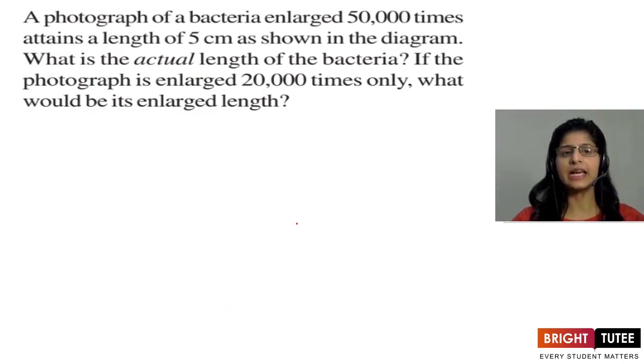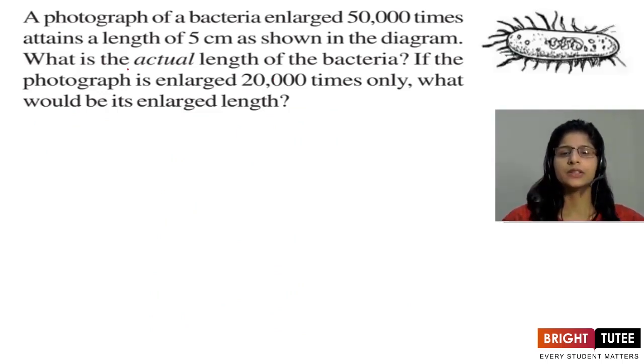It says there is a photograph of a bacteria enlarged 50,000 times, attains a length of 5 centimeter. The diagram of the bacteria is not here, I can show you that. We have been given the enlarged length, and it attains the length.